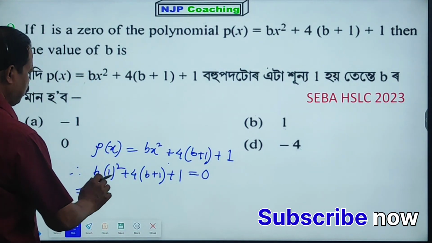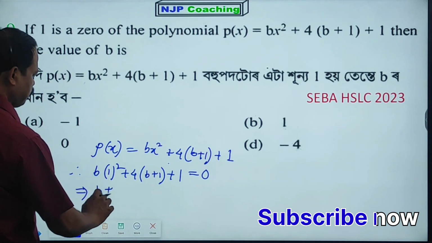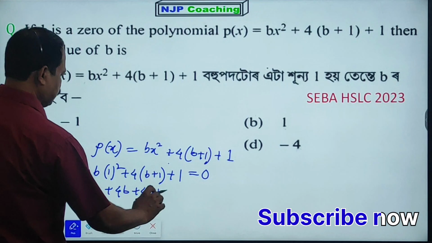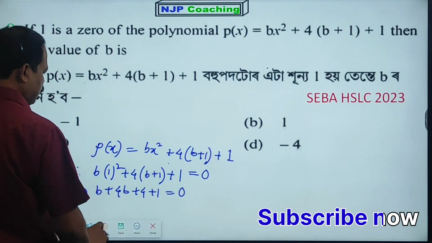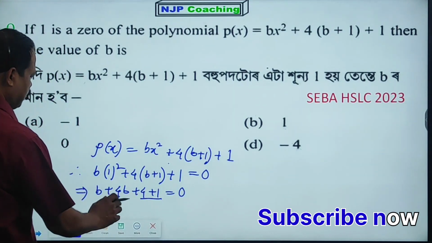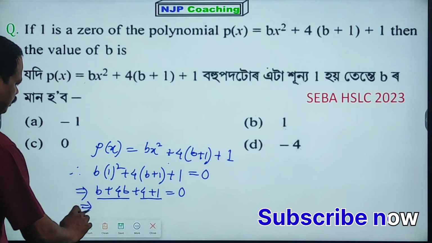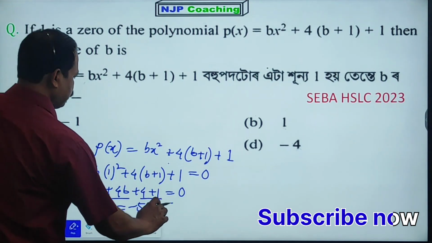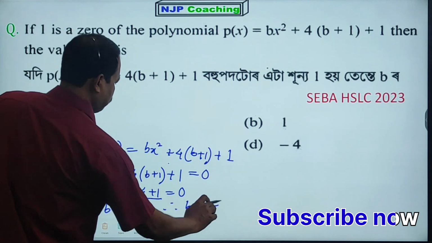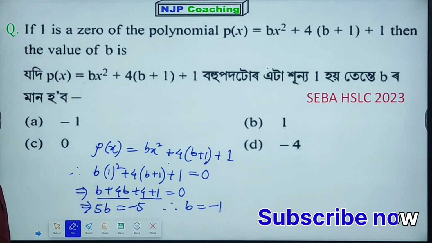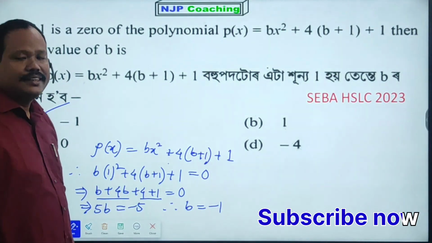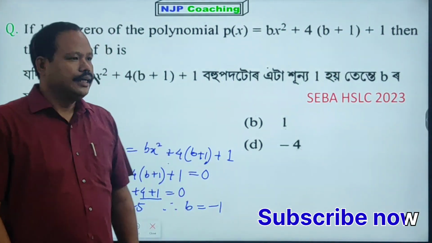So, b into 1 square means b plus 4b plus 4 plus 1 equal to 0. So, this becomes 5 and this will become 5b. That means 5b equal minus 5. So what is b then? b equal minus 5 by 5, minus 1. So A is the right answer.